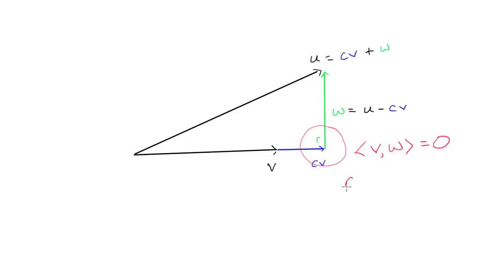This is consistent with dot products from physics. The dot product in R2 is an inner product. Orthogonal vectors are at 90 degrees to each other. That scaled vector v is the orthogonal projection of u onto v.